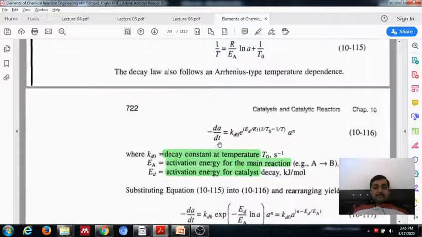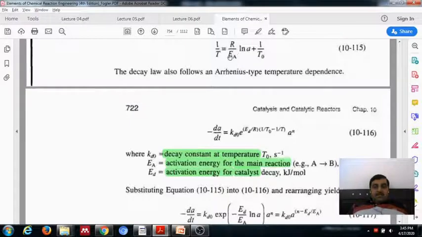Let us write deactivation or decay law, that is minus dA by dt. Now this will be Kd. Now Kd is again Kd0 exponential Ed by R 1 by T0 minus 1 by T, into A raised to power n. Now Kd0 is the deactivation constant at T0.